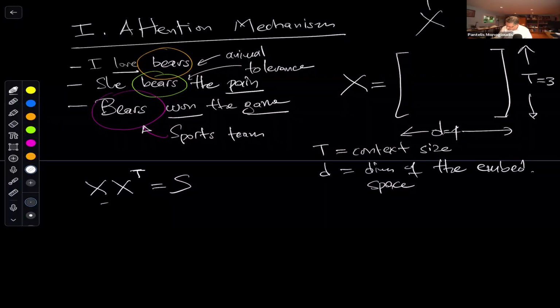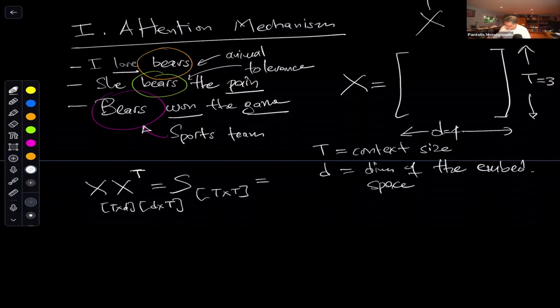So in terms of dimensions, as you can understand, this is T by D, and therefore this is D by T, making the S matrix T by T, which, given the sizes in practice, is a very significant matrix. It's a pretty large matrix, because T is in the order of many thousands, if not hundreds of thousands or millions today, and the D, the embedding spaces, also are pretty sizable.